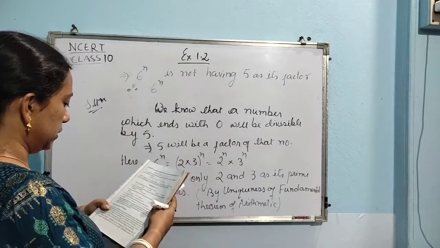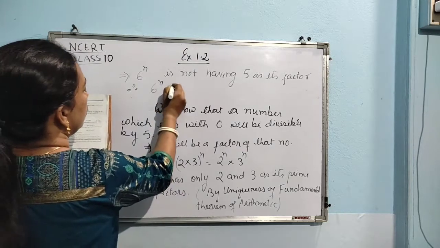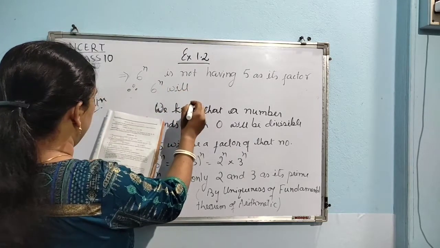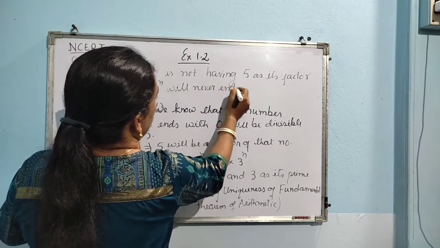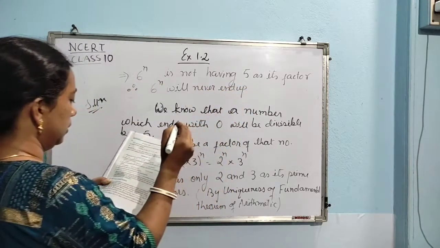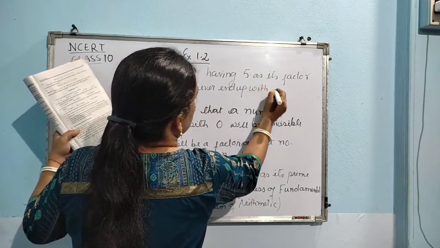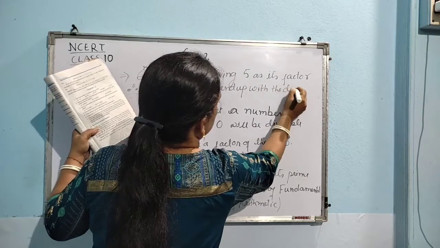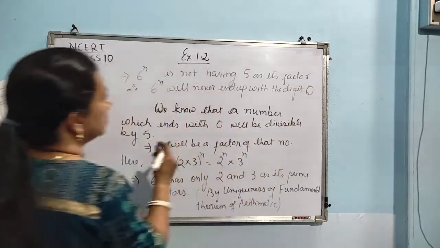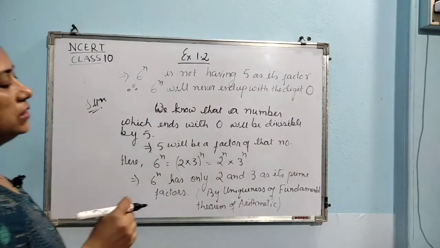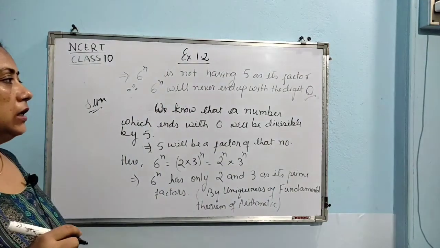Okay, therefore 6 to the power of n will never end up with the digit 0, means it will never have 0 in its units place.